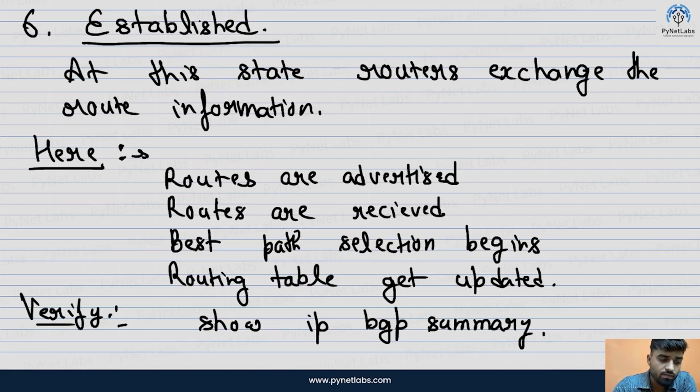In the states column, if you get a number like 25 or 100, that means your router has established the BGP session. But if in place of these numbers you get the name of a state, let's say Idle or Connect is written there, that means your router is stuck at that state. So you have to figure out the problem and then troubleshoot it.